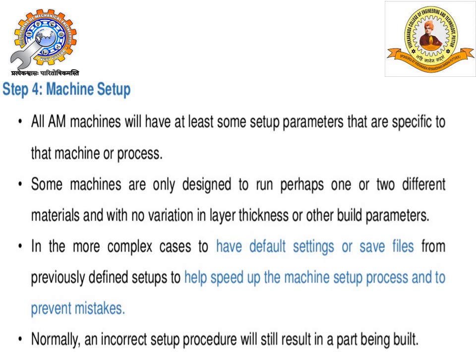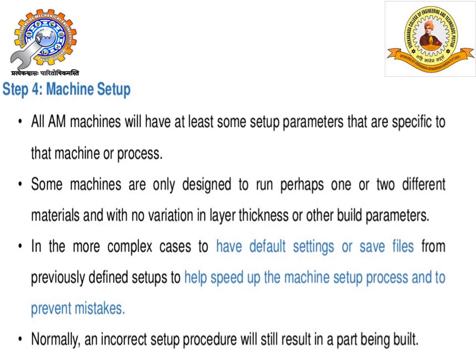Step number 4, machine setup. All additive manufacturing machines will have at least some setup parameters. That is obvious. Some machines are only designed to run perhaps one or two different materials, but some machines are given the capacity to vary the layer thickness or build geometries.